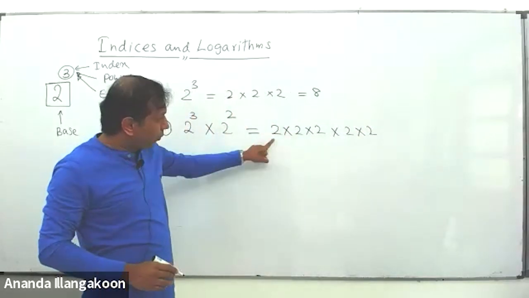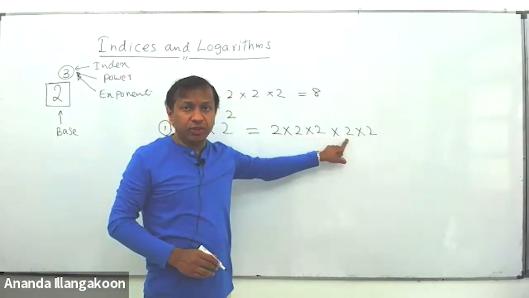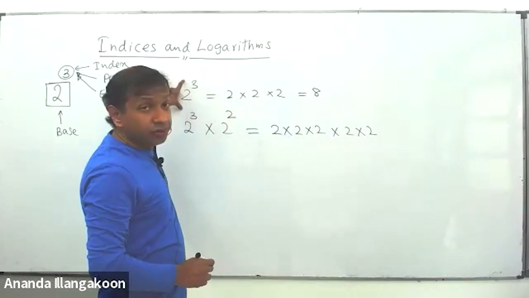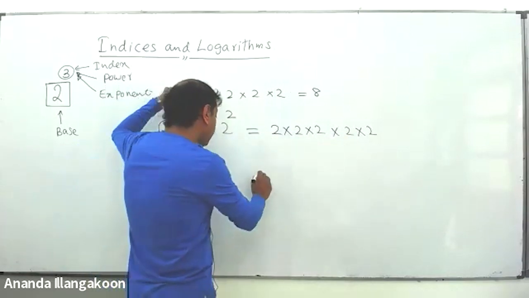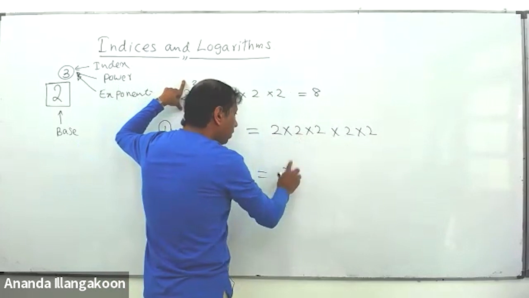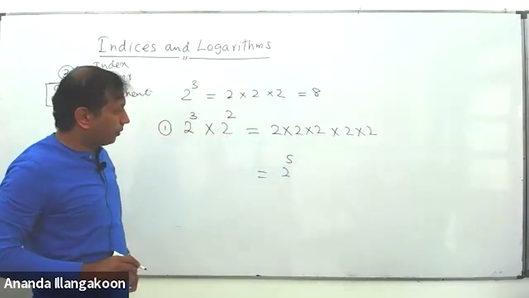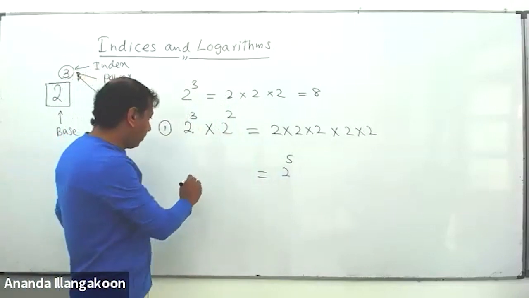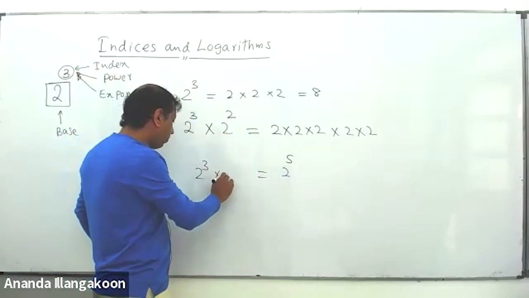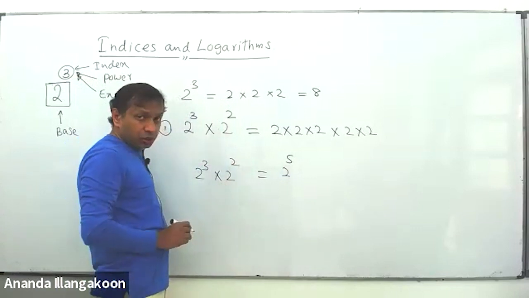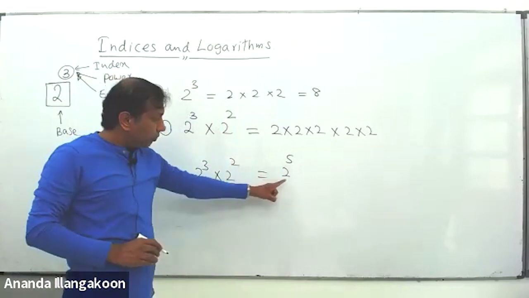Then this 2 repeats 5 times, so I can write this as 2 to the power 5. So the left hand side, 2 to the power 3 into 2 to the power 2, is equal to this.